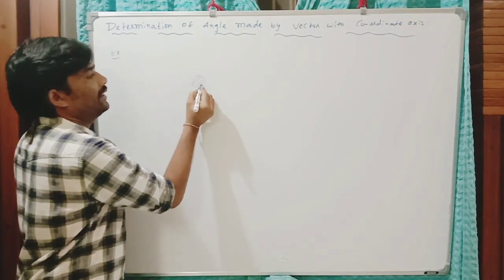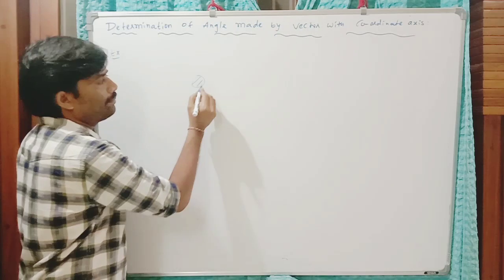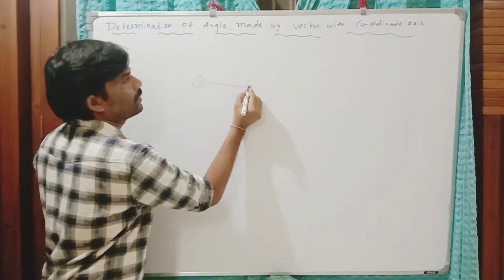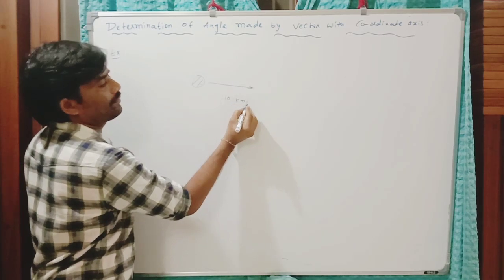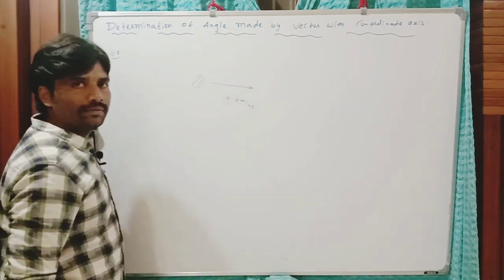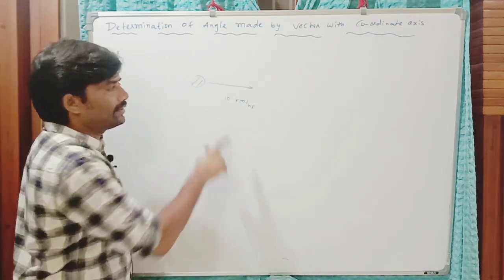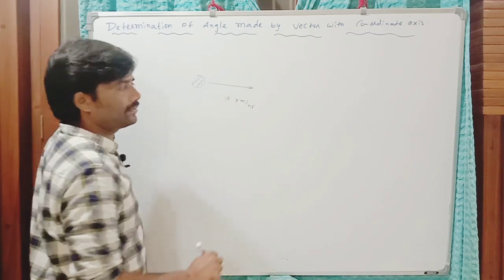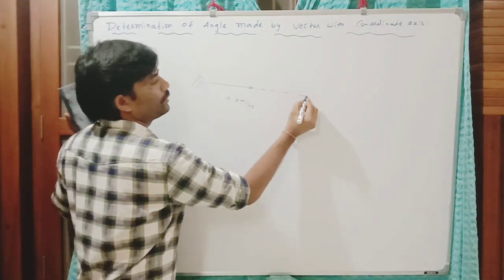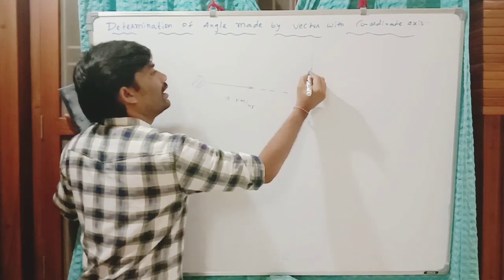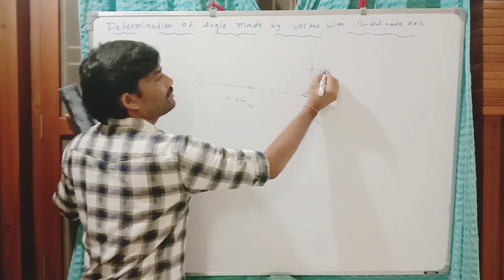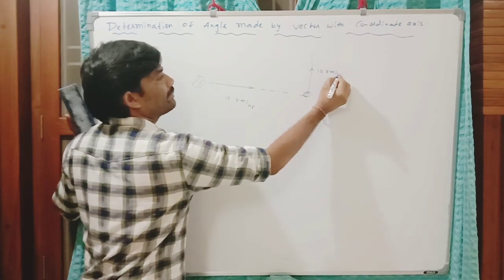So if a small particle is initially moving towards east with 10 km per hour, after 2 seconds it turns towards north and moves with the same speed without changing speed.